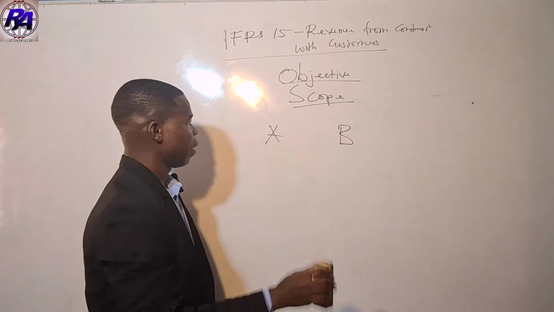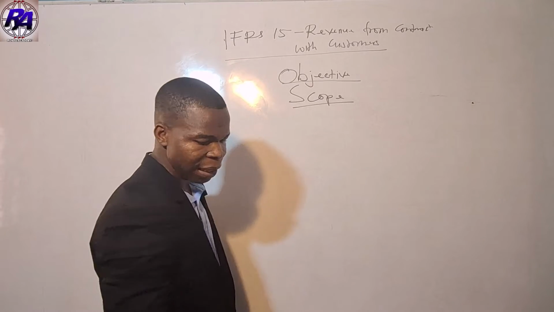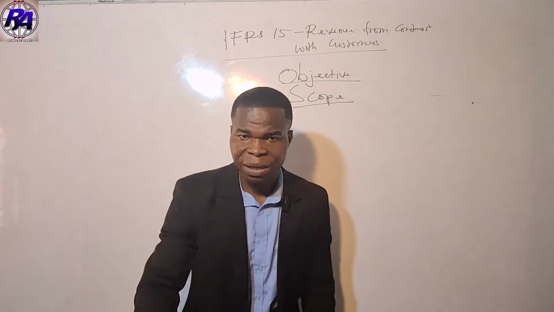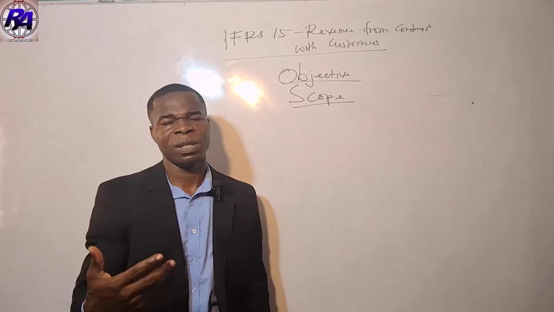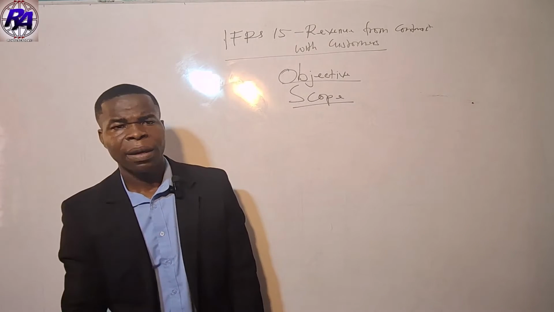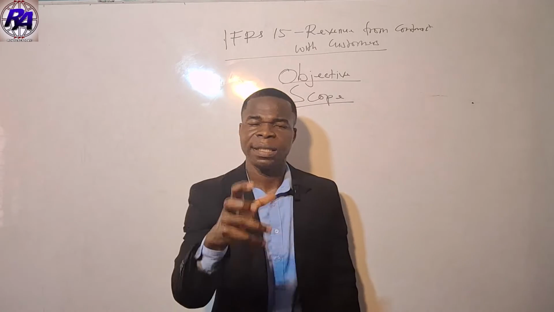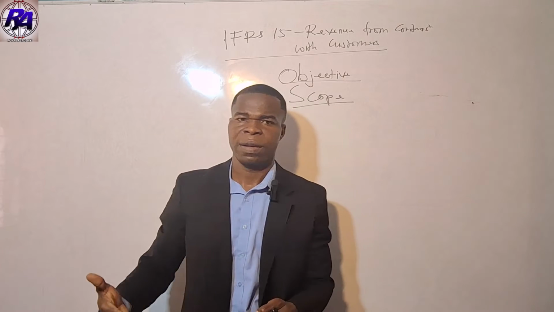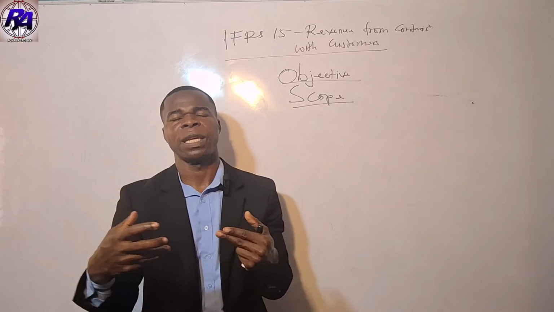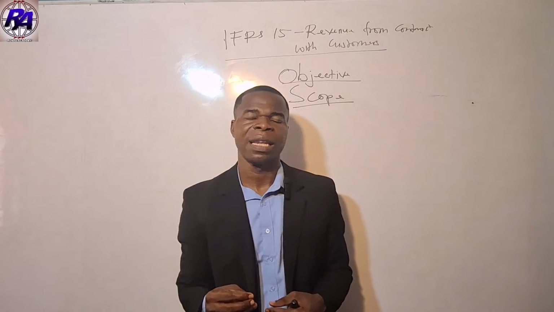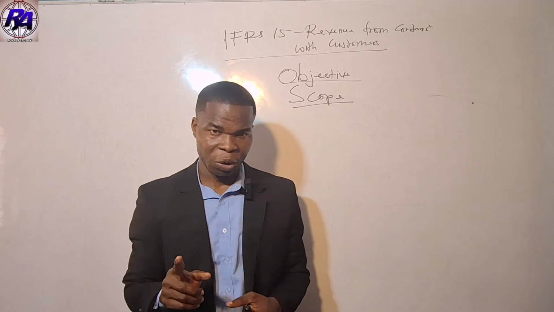All right. Revenue, we say, is income arising from the day-to-day activities of the entity. Any income the entity generates from the output of the entity is what we are regarding here as revenue. Please be cautioned.